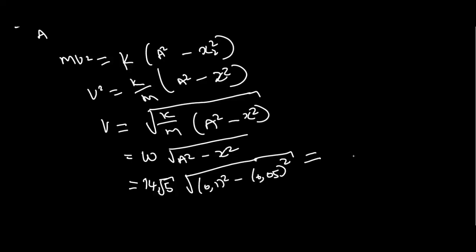Let me confirm, I don't want to write nonsense. 14 root 5 gives me 0.7111 meters per second. So that's going to be your speed.